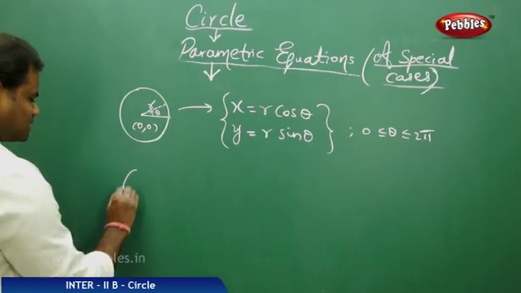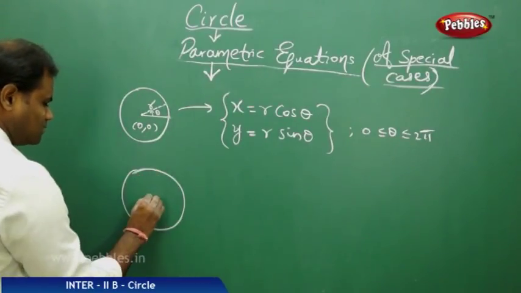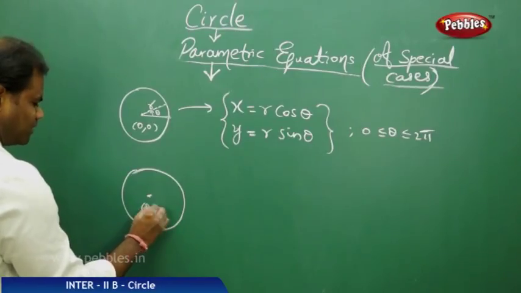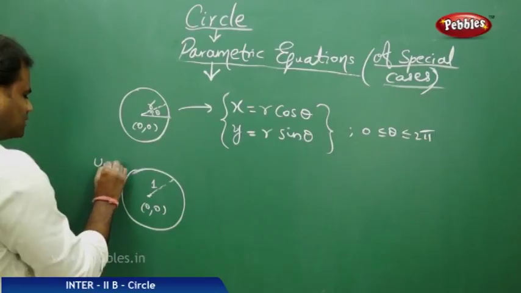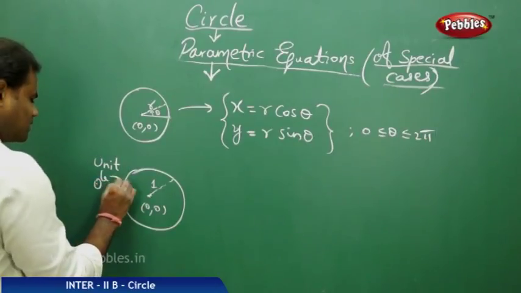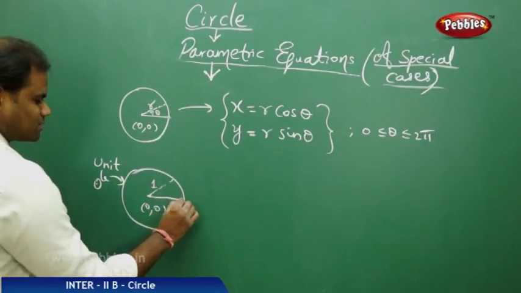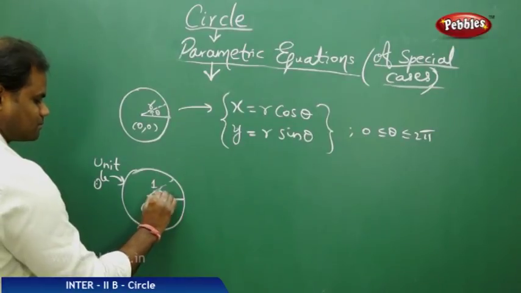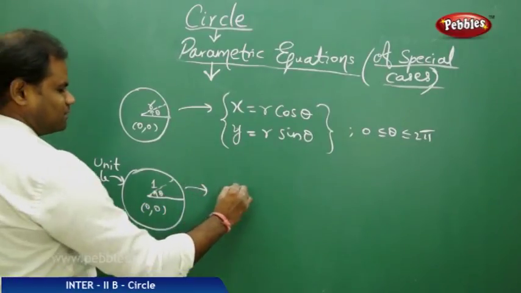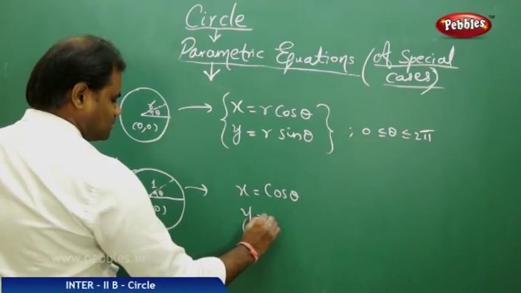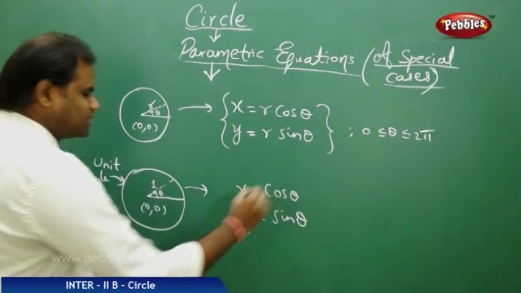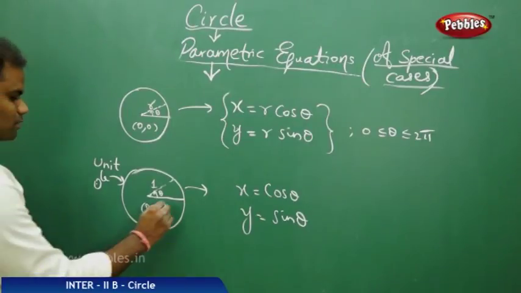Similarly, if I have a circle with center origin and radius 1, which is called the unit circle, then in this case I have x equals cos theta and y equals sin theta, because r is equal to 1.